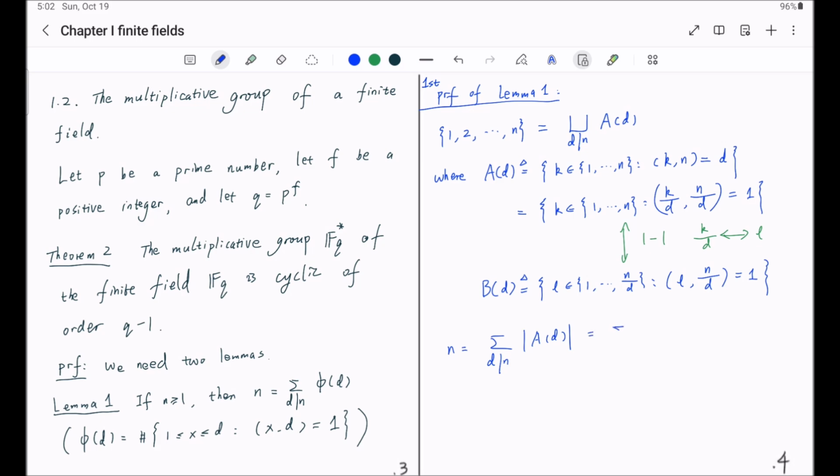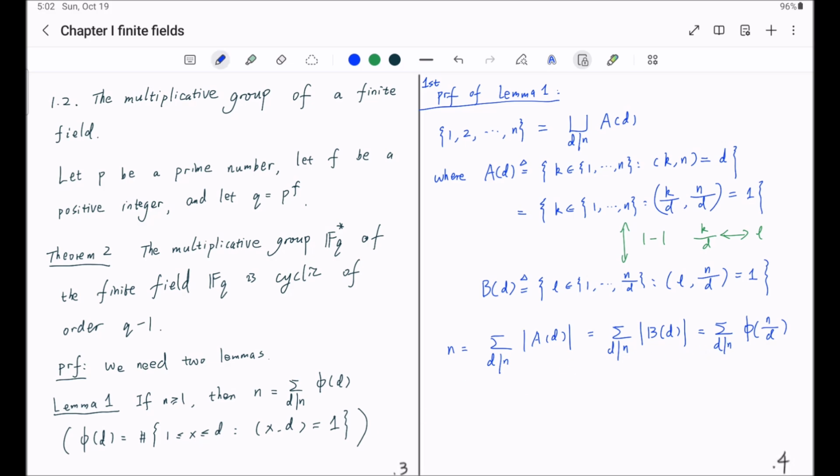And this is the same as the sum over all divisors of n of the cardinality of B_d. And now, what is the cardinality of B_d? Look at the definition here. You realize immediately the cardinality of B_d is precisely phi of n divided by d. This is just by definition.